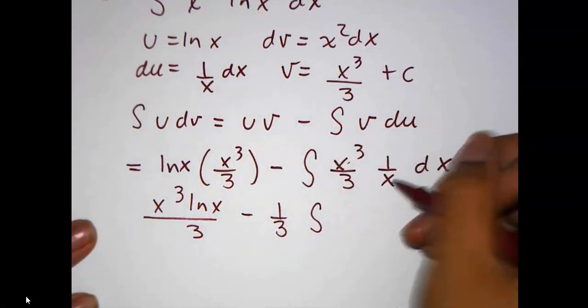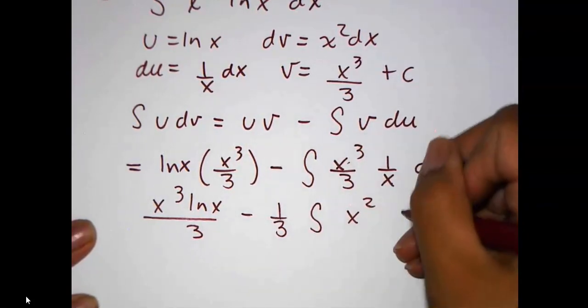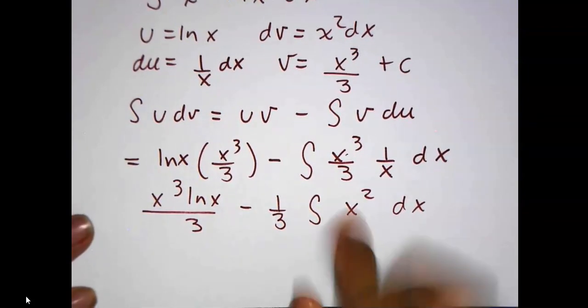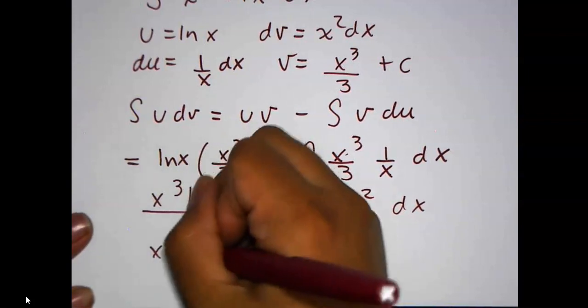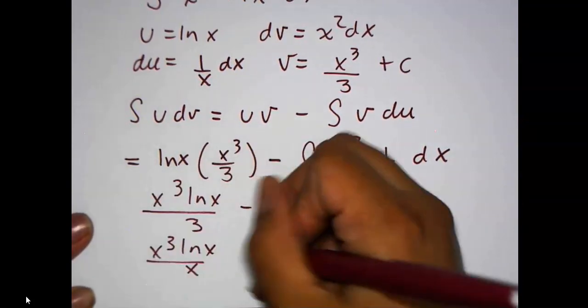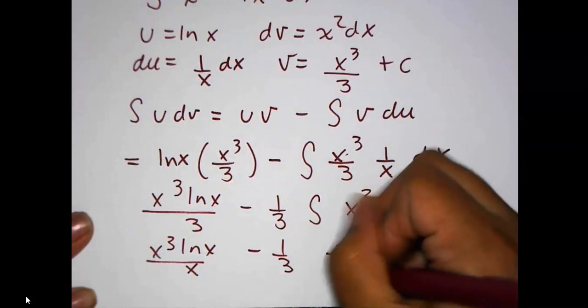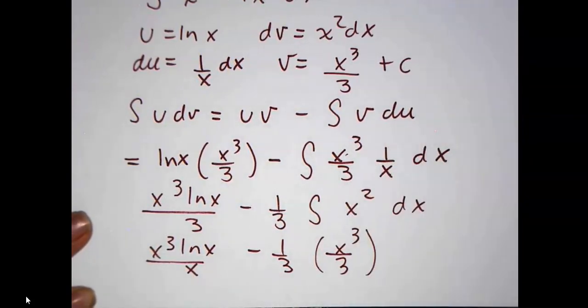How I'm going to rewrite this one, I'm going to move the 1/3 outside. One of these x's cancels with this x. It's going to become x squared. And now we integrate this one. So how do we integrate it? We add 1 to the exponent and divide by that number, and we're multiplying.